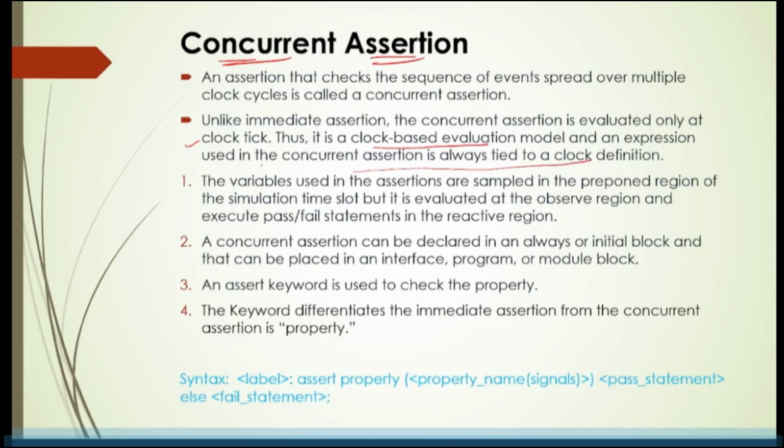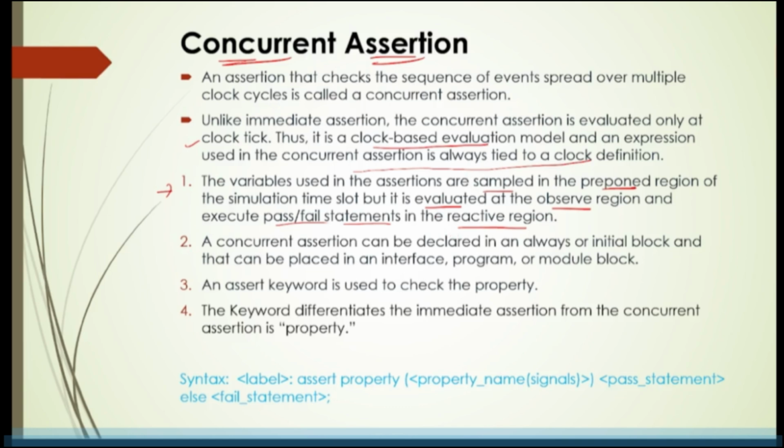As discussed, these are sampled in the preponed region and evaluated in the observed region, and any pass or fail statements are produced in the reactive region. This is most frequently asked in interviews: where concurrent assertions are sampled, where they are evaluated, and where the pass or fail statements are executed.